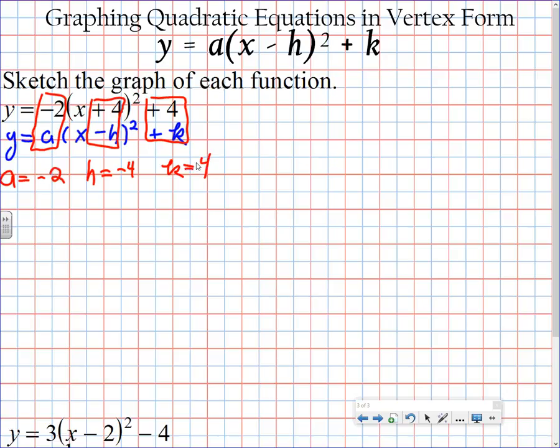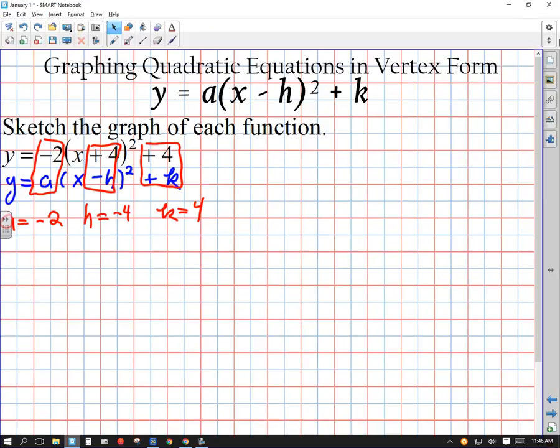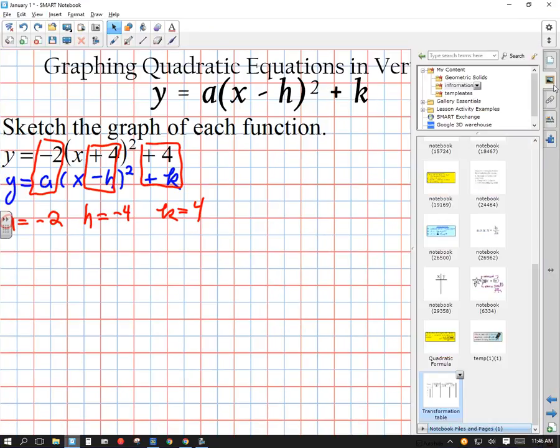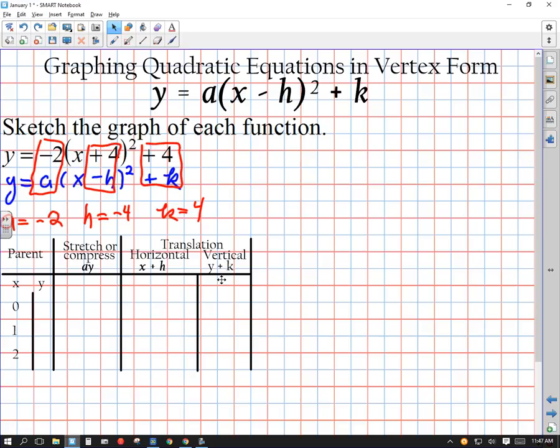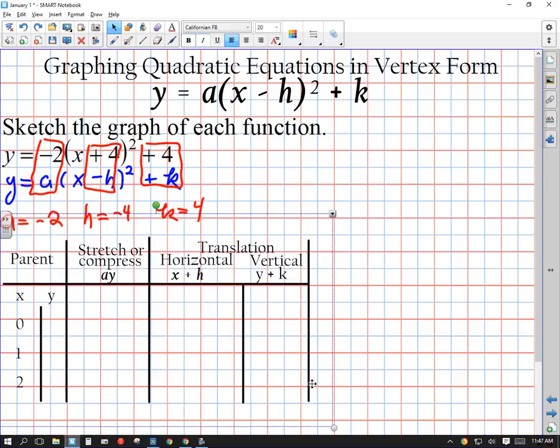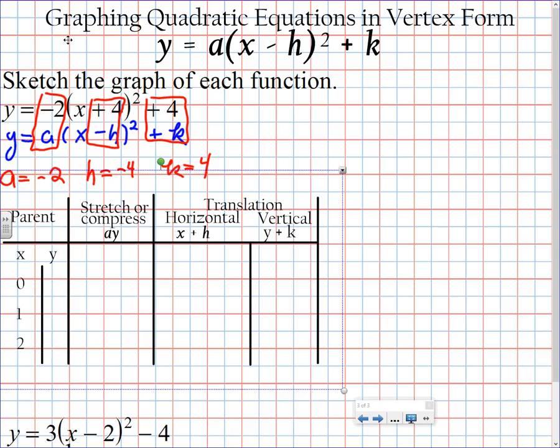Okay. So the only tricky part you have to remember is the h value. The h value should be the opposite. Now, once you do that, you are to do a transformation table. And this is my transformation table. What you need to know is the following. This part of the problem is always the same.